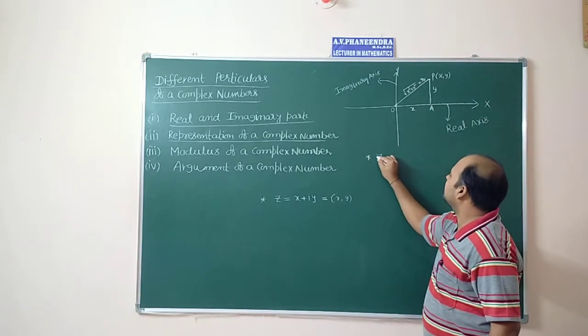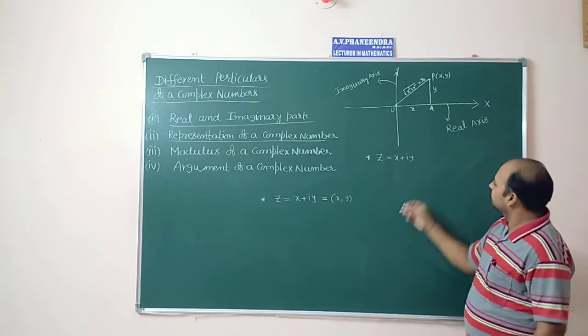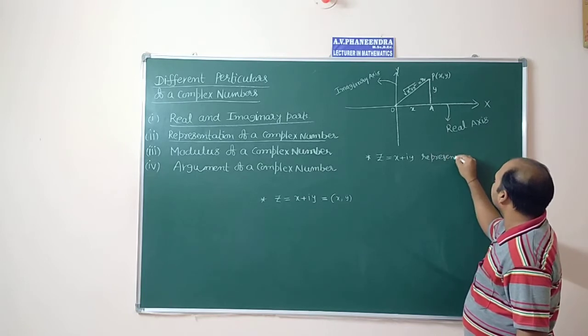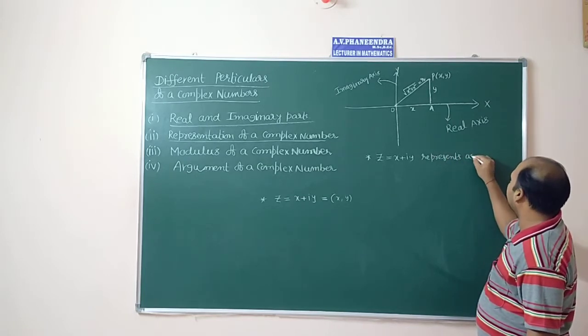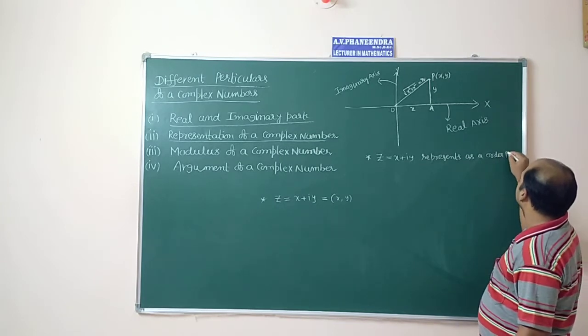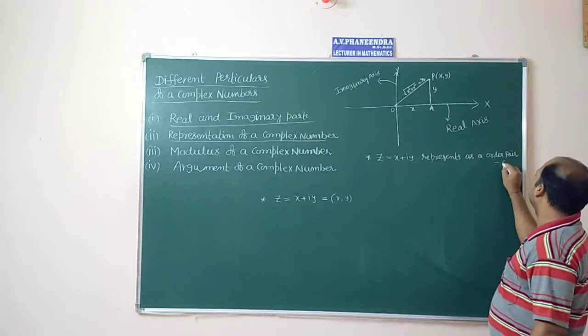Now, the complex number z equal to x plus iy is represented as an ordered pair x comma y.